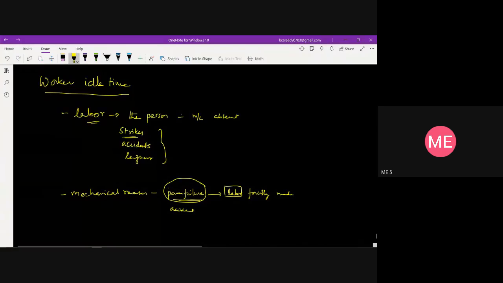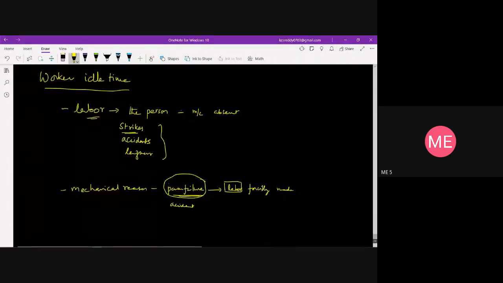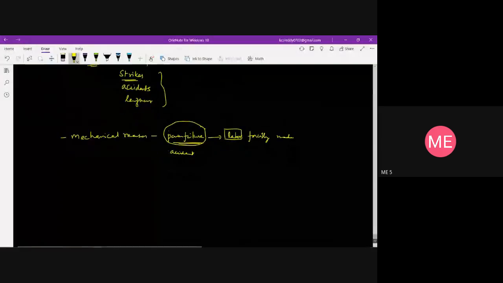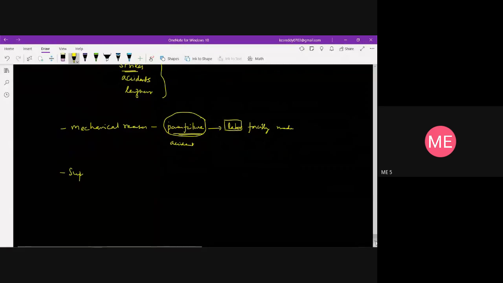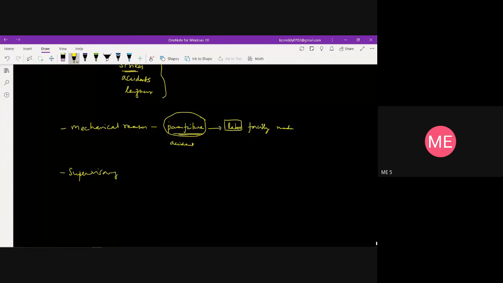Next reasons are supervisory. Due to poor supervision, where the supervisor is not supervising his own workers, there can be a wastage of so much time.